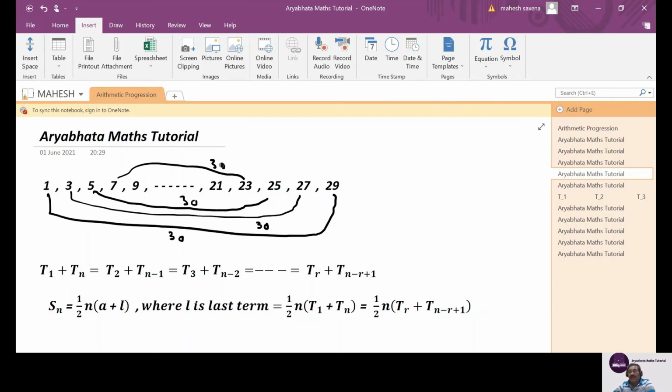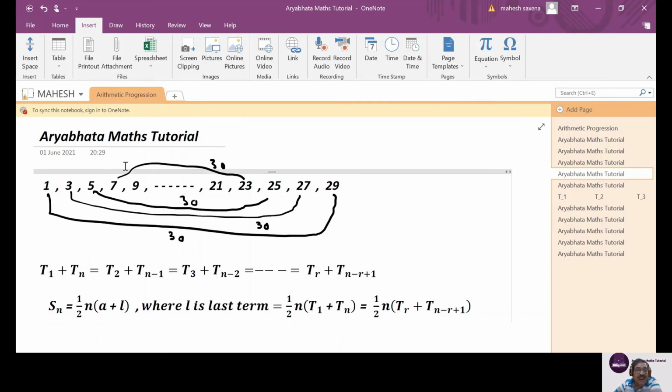So we conclude that the sum of the first term and the last term, that is 1 and 29, is equal to the sum of the second term and the last but one term, and the third term plus the third term from the last, and the rth term from the beginning plus the rth term from the last will be equal.